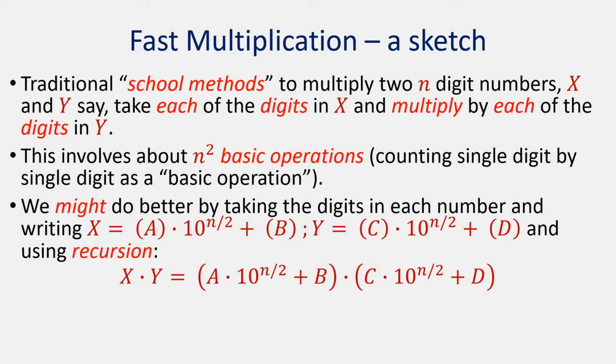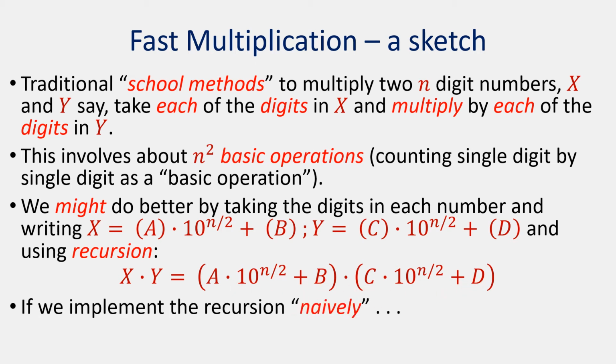And by using recursion, in effect what we're doing is implementing this multiplication in terms of multiplying this by this, this by this, this by this, and this by this.